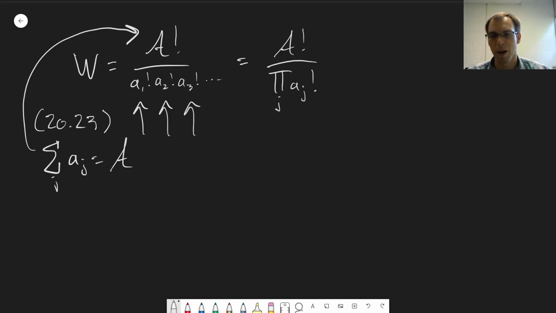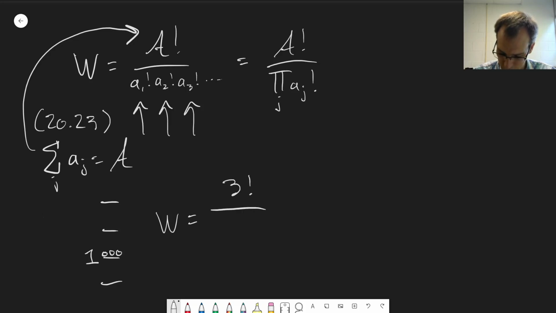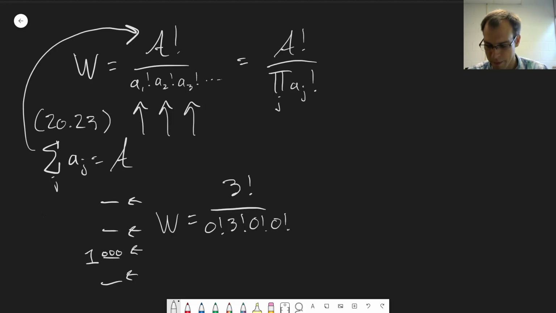So if we add up basically how many total molecules you have in the example that we're looking at. For example, in the case where we had all the molecules in state 1, the value for W is going to be 3 factorial, because we have 3 total molecules, divided by 0 factorial, because there are 0 molecules here, 3 factorial, because there are 3 molecules here, 0 factorial, because there are 0 molecules here, and another 0 factorial, because there are 0 molecules here.